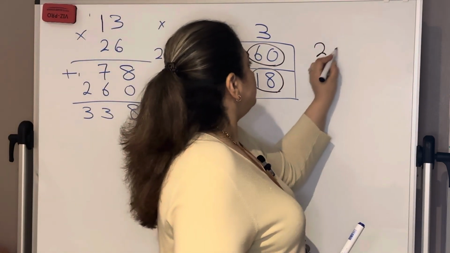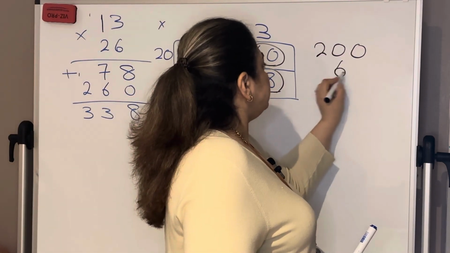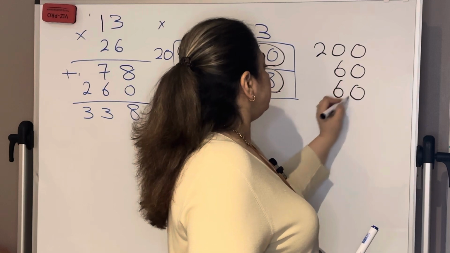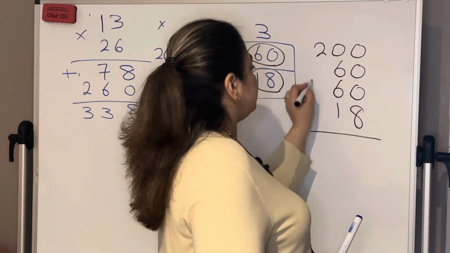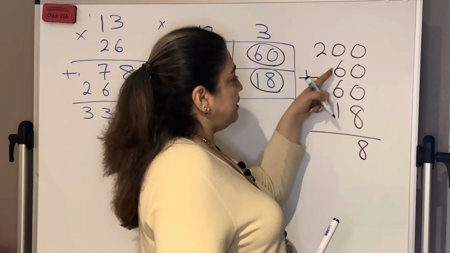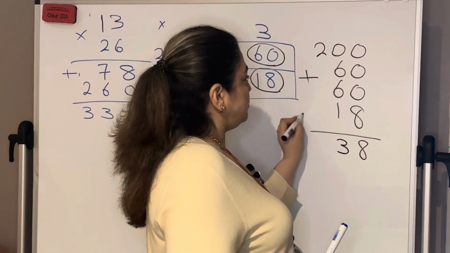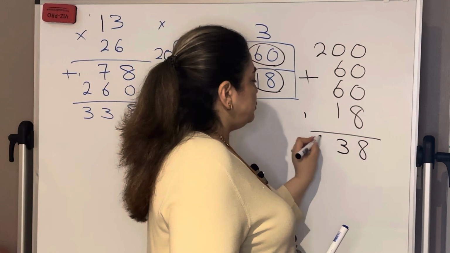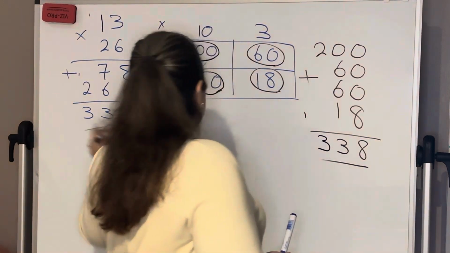So it is 200, 60, 60, 18. And then add them. So it is 8, 7 and 6 is 13, 1. 1 and 2 is 3. Again, you reach the same answer.